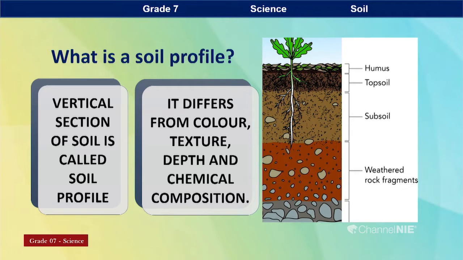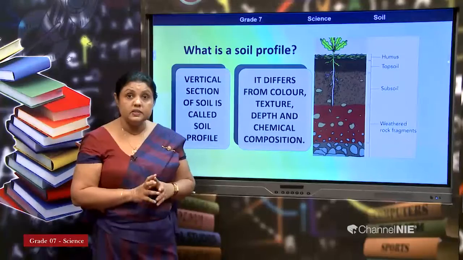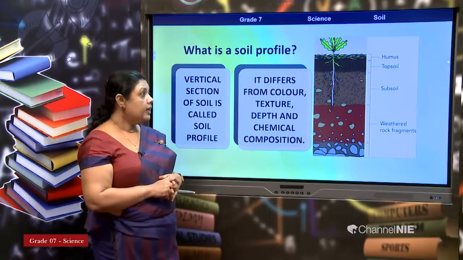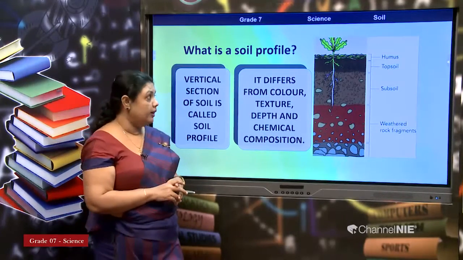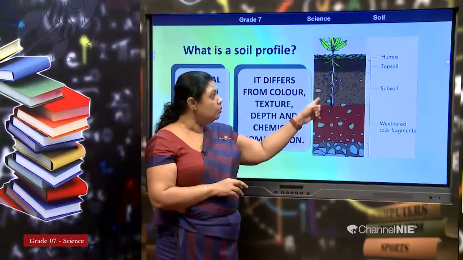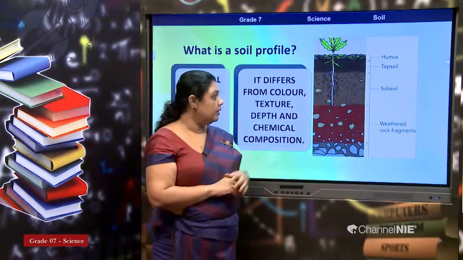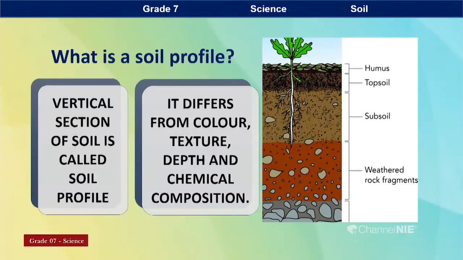It is humus. Topsoil is made out of humus. There is something called subsoil, where the roots move inside. Later, the withered, I hope you know the word withered, that means broken down into particles of rock fragments. So, withered particles are found here.